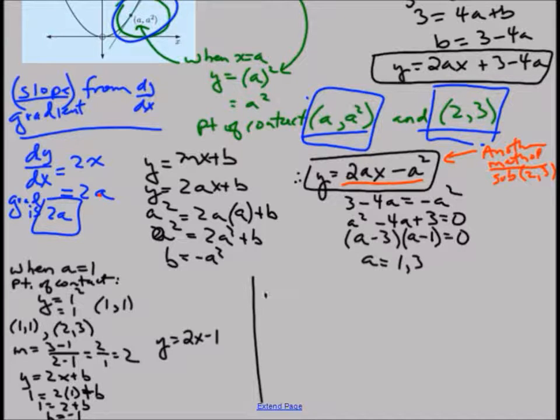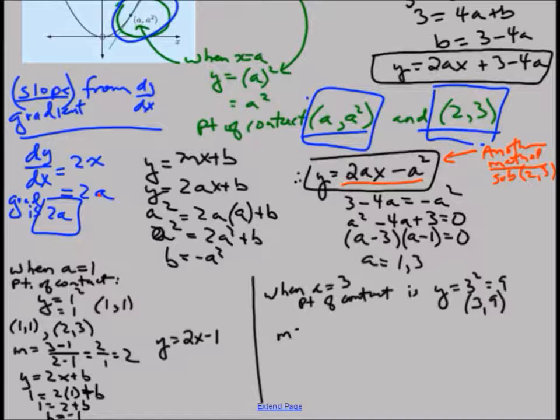Okay, secondly, when a equals 3, the point of contact is y equals 3 squared, 9, so (3, 9). Slope then is 9 minus 3 over 3 minus 2, 6 over 1.